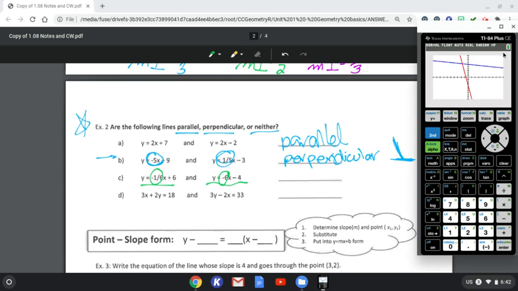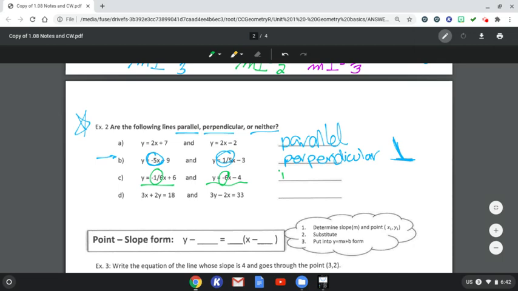They're not meeting at a right angle. They're just going to intersect. Again, one of those slopes would have to be positive for them to be perpendicular.